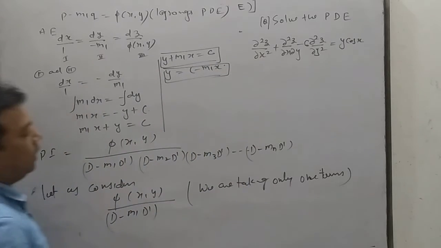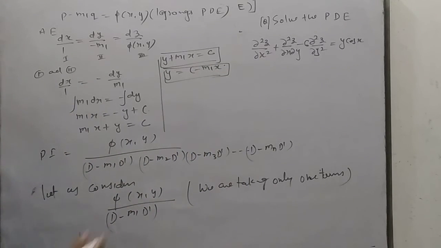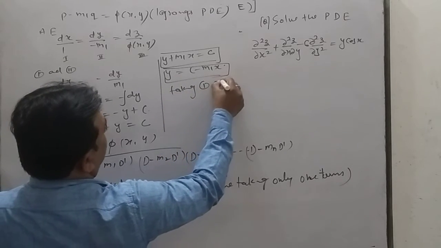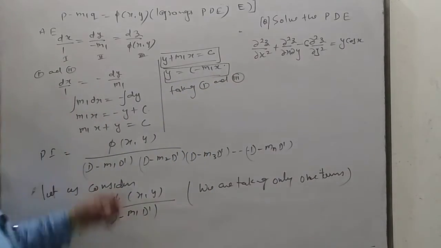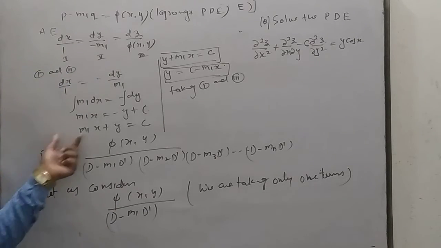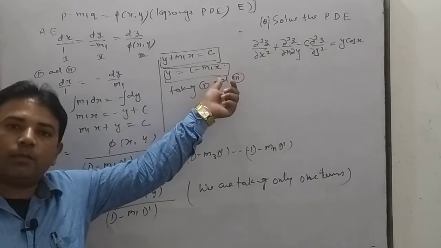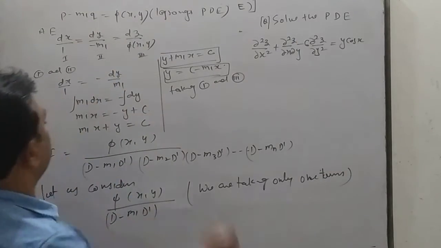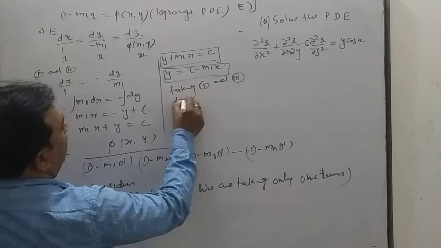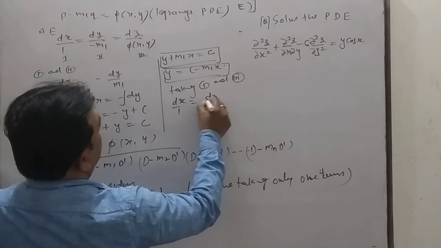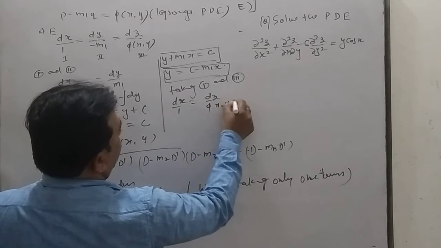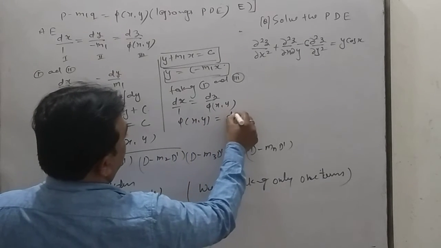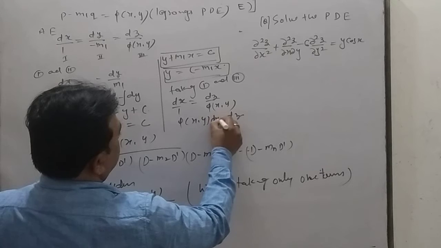After that we take the first and third terms. From the first and second terms we got y equal to c minus m1 x, and again we take the first and third terms: dx over 1 equal to dz over phi of x comma y. Cross multiplying, dz equal to phi of x comma y dx.